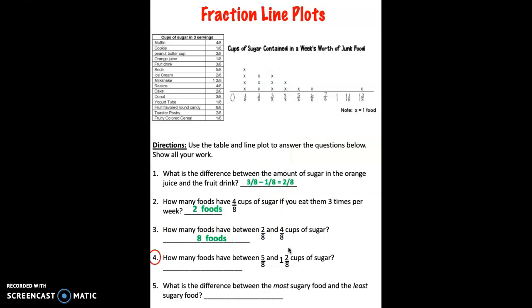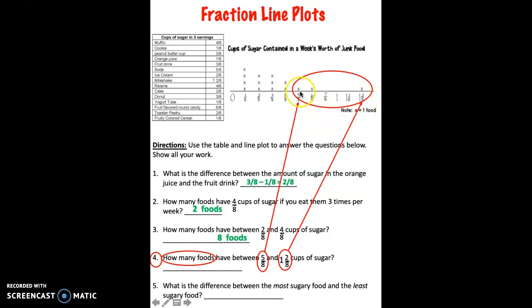Number 4. How many foods have between 5/8 and 1 and 2/8 cup of sugar? So we're looking for the amount of food between 5/8 and 1 and 2/8. We're going to do the same as we did for number 3. I'm looking at 5/8 and I'm looking at 1 and 2/8.